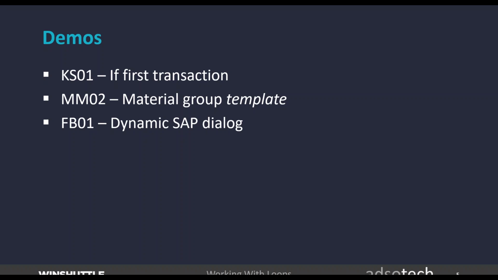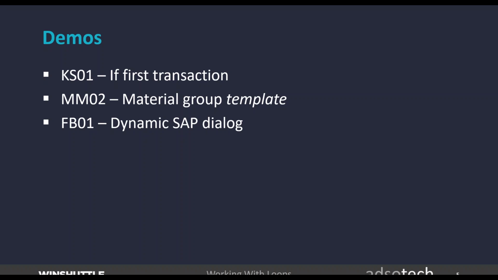Then I have an example related to material master data and this kind of predefined values or template thinking that you can do with your conditions. And the third example is related to SAP dialog variations, and how you can add conditions to enable your script to handle different kinds of situations.